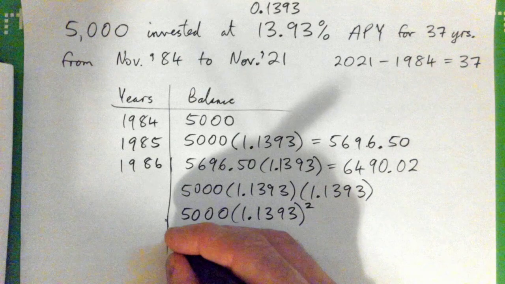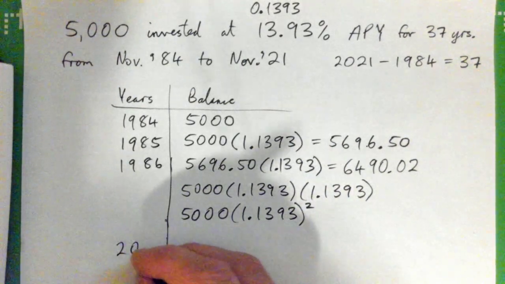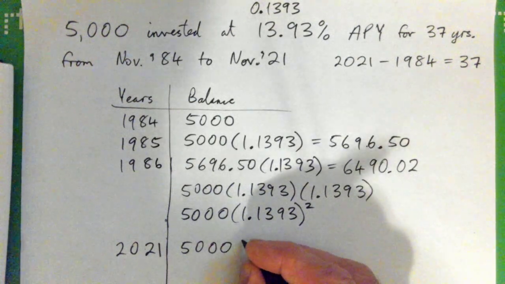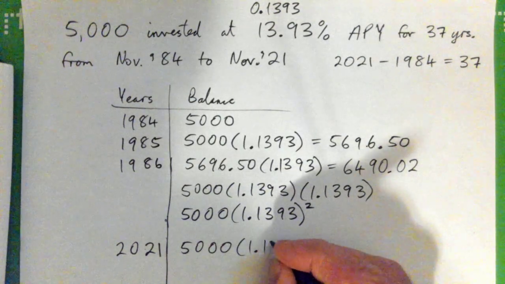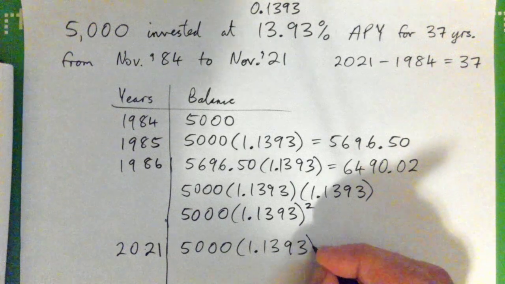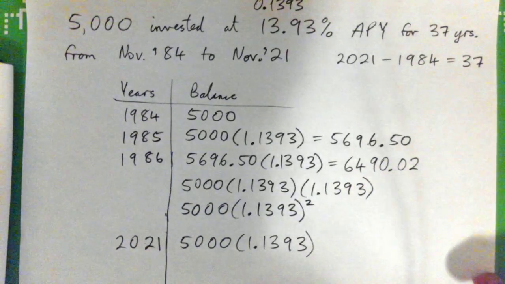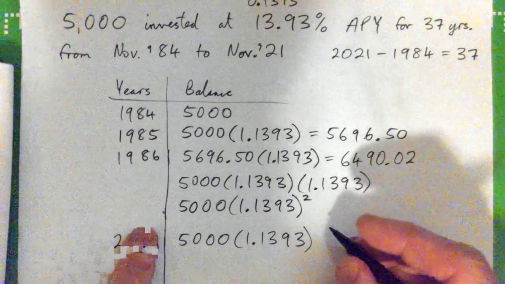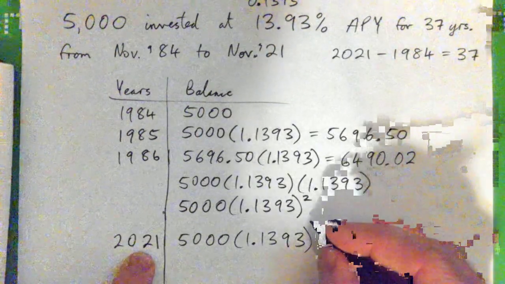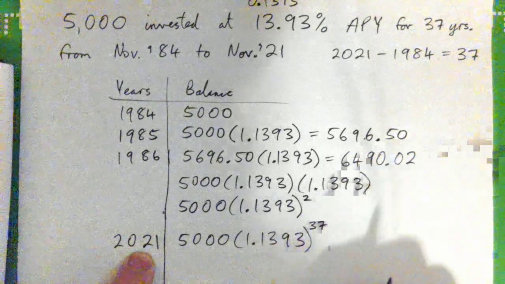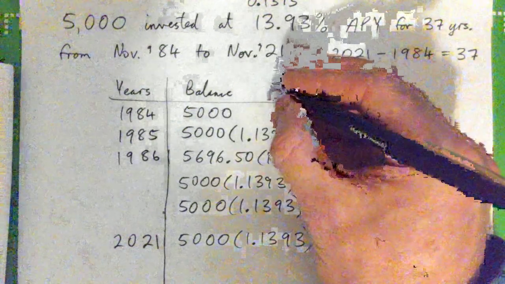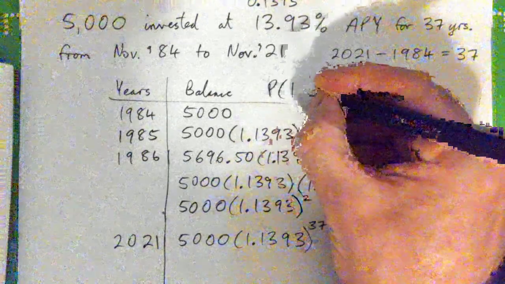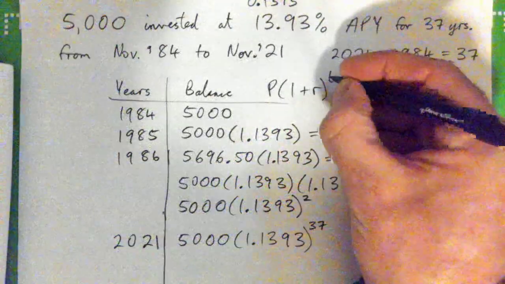And so the only question is, for 2021, it'll be what? 5,000 times 1.1393 to the power of, and that'll be 37 years, right? So again, it's just the compound interest formula, the principal times 1 plus the rate to the power of t, right?